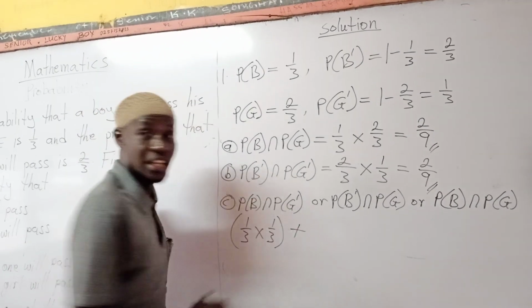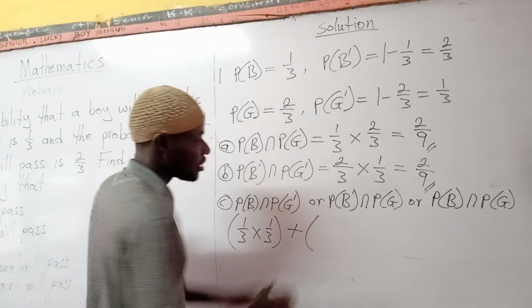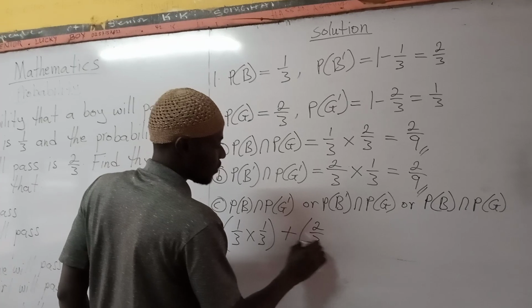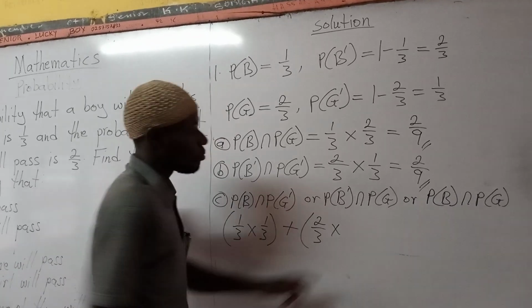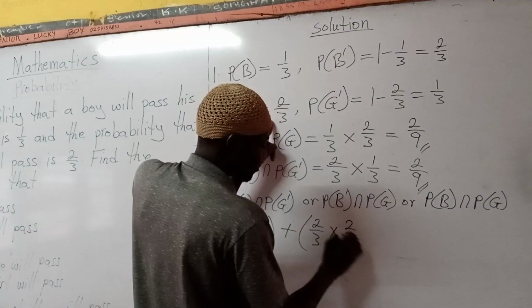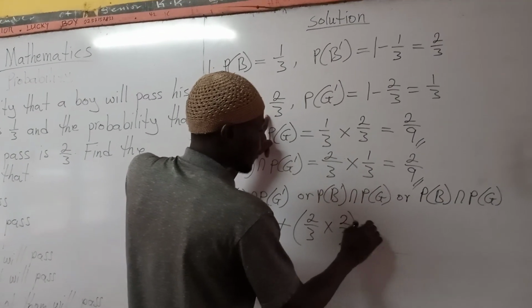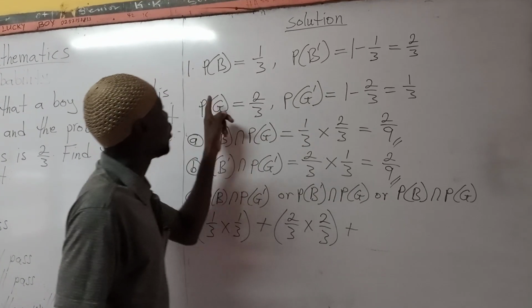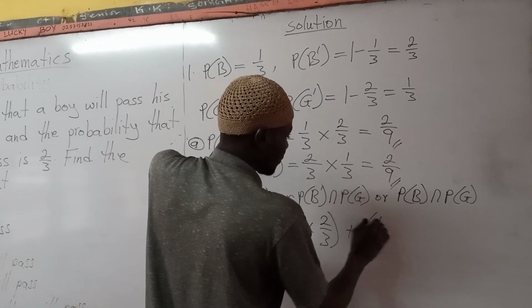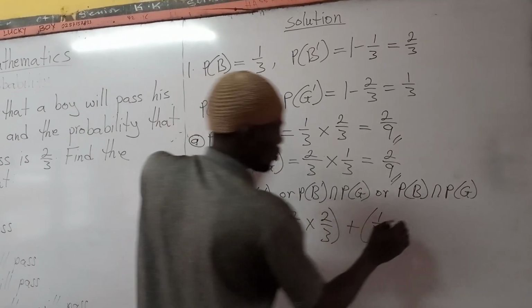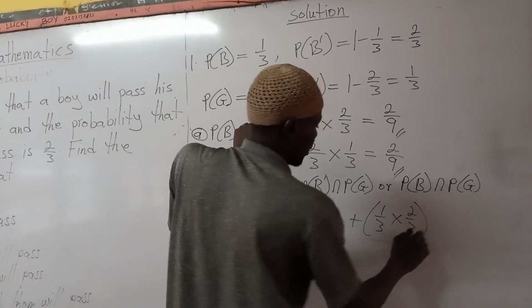And probability that the boy will not pass, we have found it to be 2 divided by 3, and probability that the girl will pass is given as 2 divided by 3, plus probability that the boy will pass, 1 divided by 3, and probability that the girl will also pass, 2 divided by 3.